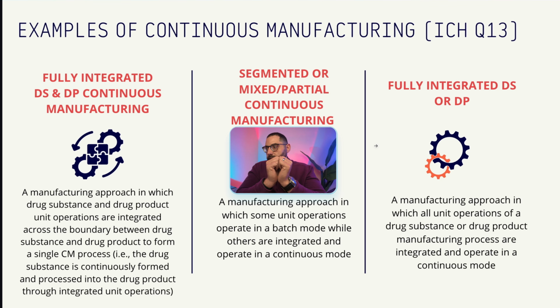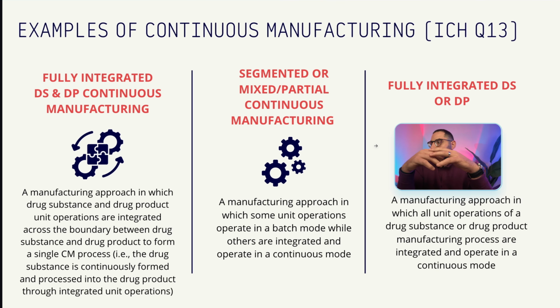The next one is where certain elements of an operation are batch mode while others are integrated into a continuous process. In other words, where one piece of a process is continuous, whereas the rest are not. Then you have a manufacturing approach where it's fully integrated drug substance by itself or fully integrated drug product, where drug substance is constantly being manufactured or drug product is being constantly manufactured.